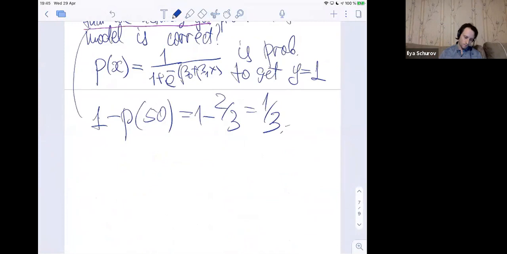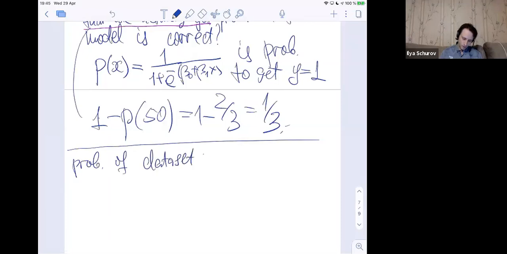So the probability of the data set is the product of all probabilities of all points. Not probability, but likelihood. It is better to say likelihood.